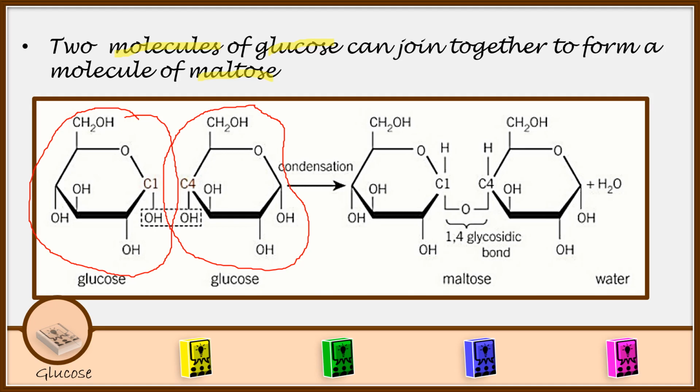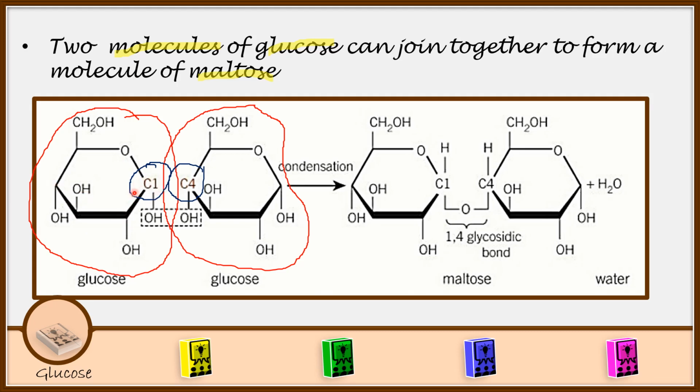So what is going to happen is that one glucose will use carbon 1, and the next glucose will use carbon 4. If you look at this glucose here, this is carbon 1, this is carbon 2, here we have carbon 3, and this is carbon 4.